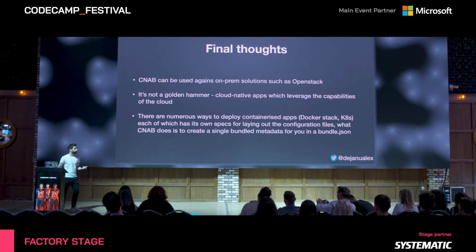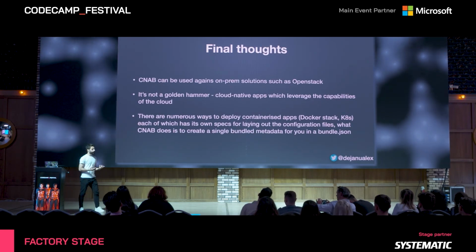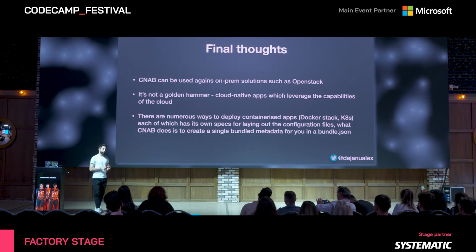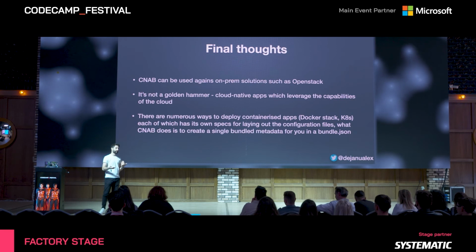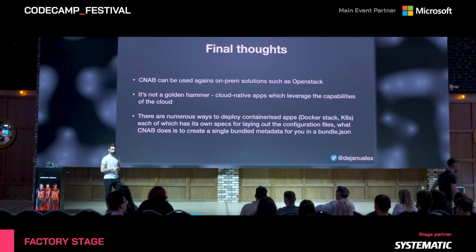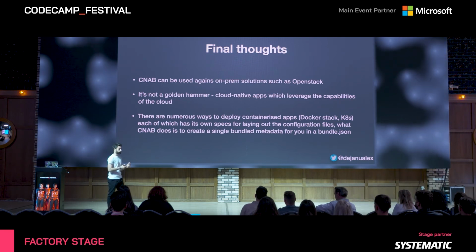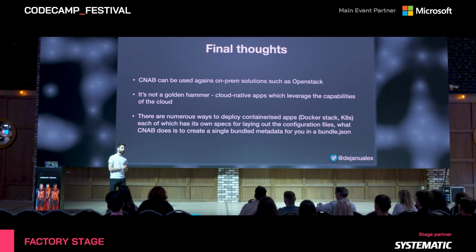Yeah, so some closing notes. Another powerful thing about CNAB is that you can use them in air-gapped environments. You don't need to have access to the cloud or a cloud provider. If you're using on-prem stuff, you can still use cloud-native bundles.